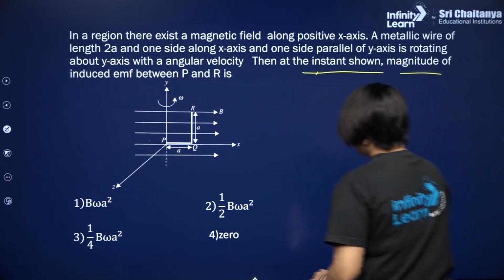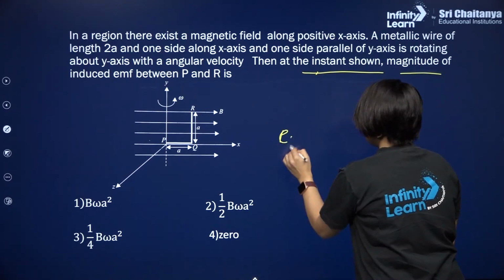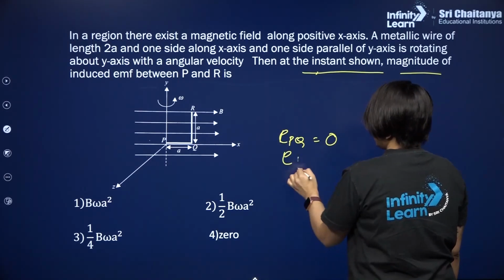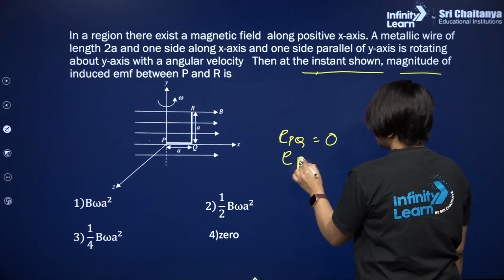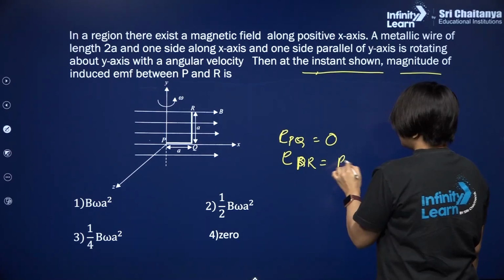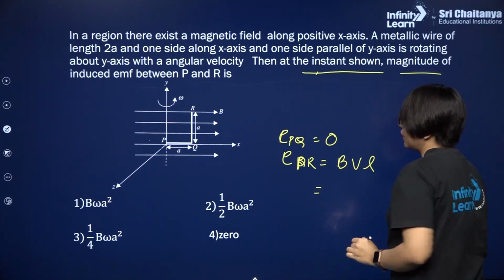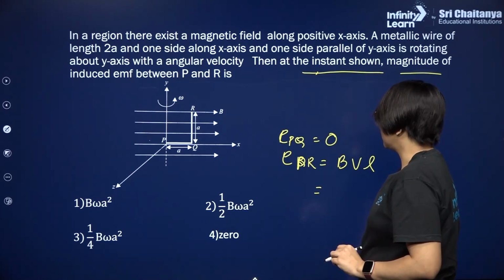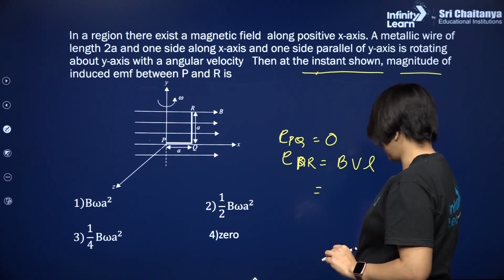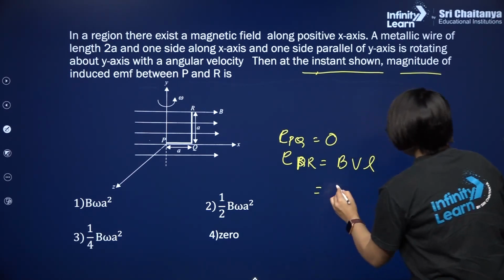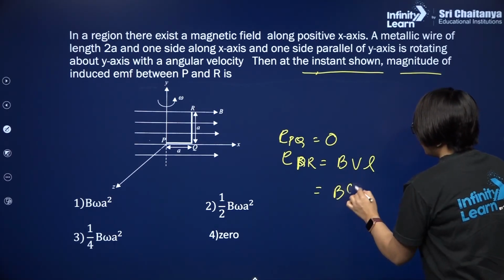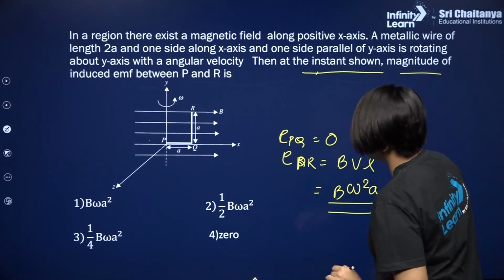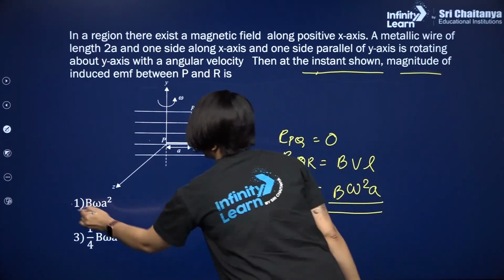So E PQ will be 0 because it is parallel to the magnetic field. E QR will be BVL. We don't have the value of V, so you can write it as B omega square into a, that is option 1.